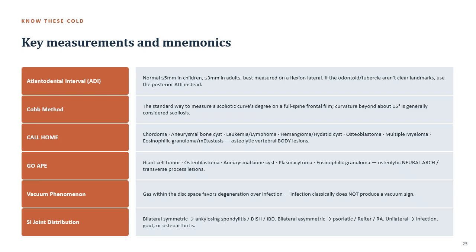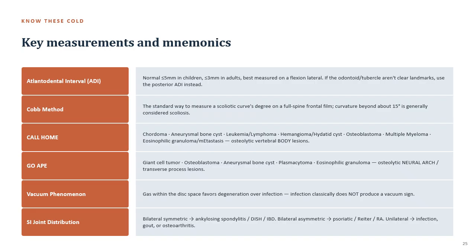Another helpful clue is the vacuum phenomenon. When we hear about this, it basically means that we see some sort of gas within the disc space, and that usually points to some sort of degeneration rather than an infection.